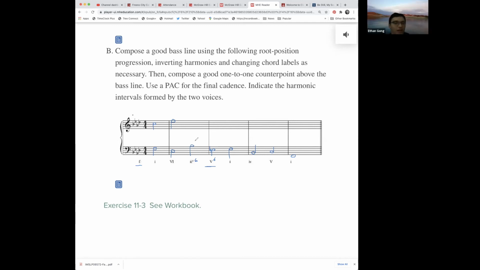Probably need, what am I trying to say? Need a G or a D flat here. G or D flat, where are we going to go? D. Want the D? Okay. You want to go to the C here? Don't we have to be writing the interval things? Yeah, we can.